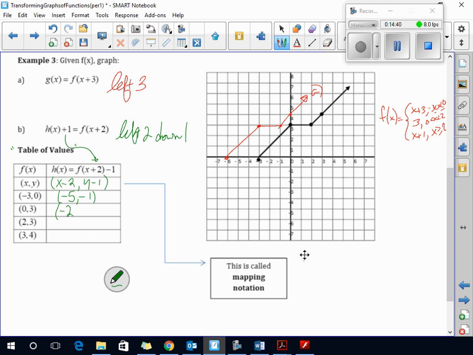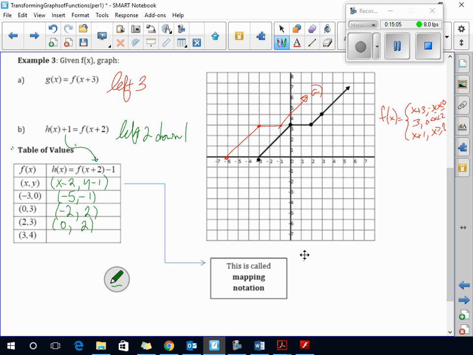So 3, if I go down 1, I'll be at 2, right? 2, if I go left 2, I'll be at 0. 3, if I go down 1, I'll be at 2. 3, if I go left 2, I'll be at 1, and 4, if I go down 1, I'll be at 3.